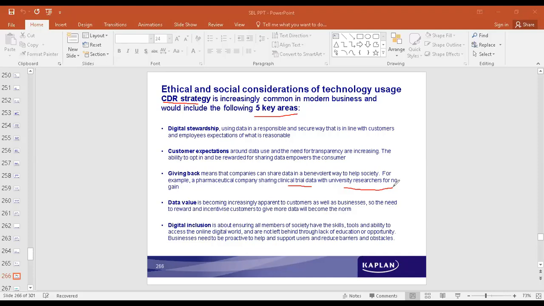All the members of society should have the skills, tools, and ability to access the online digital world and not be left behind through lack of education or opportunity. Businesses need to be proactive and help support users and reduce barriers and obstacles. We see sometimes some companies come forward and provide certain services.